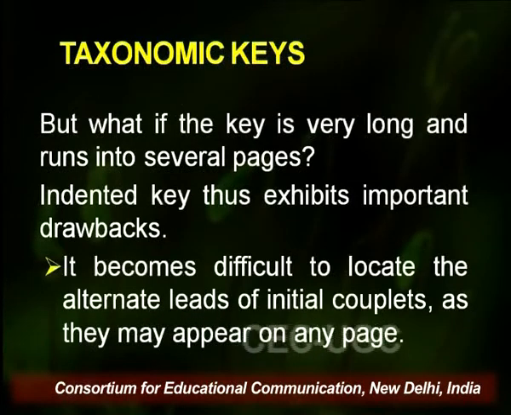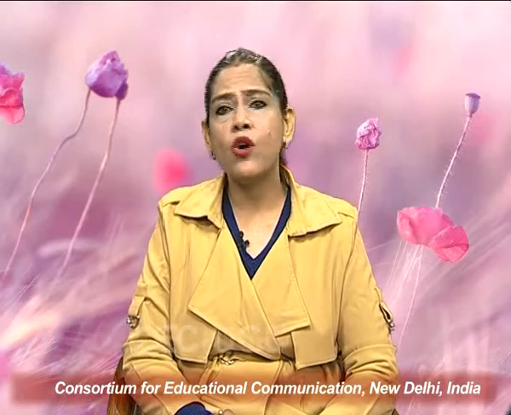But what if the key is very long and runs into several pages? In that case, indented key exhibits important drawbacks. That is, it becomes difficult to locate the alternate leads of initial couplets, as they may appear on any page.